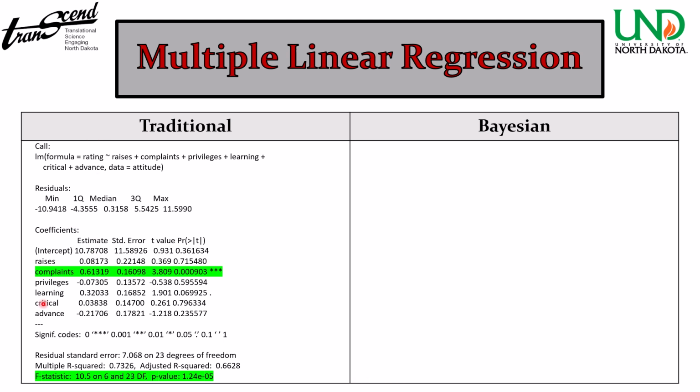So we're going to run this out here. The model here is going to look at all the different variables, and it looks like we're including the full model, so only complaints was significant. So it looks like raises, when considering all the other variables, was no longer significant, though we did see that in our simple model.